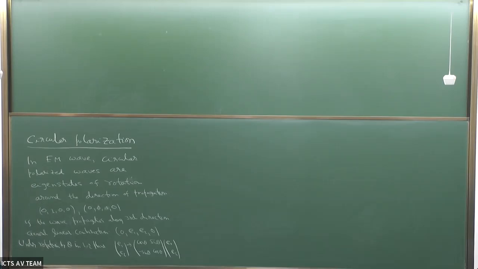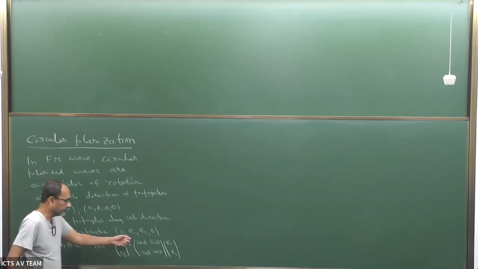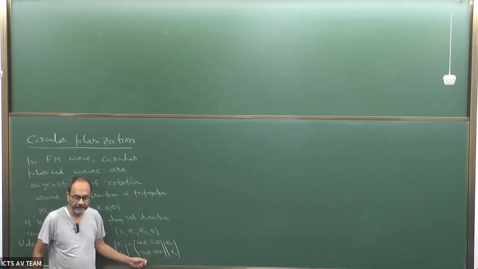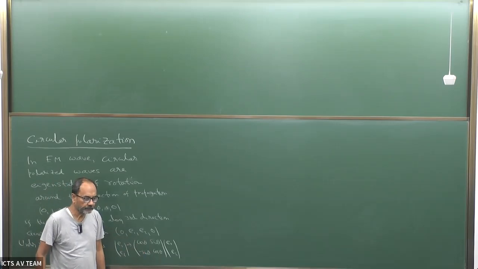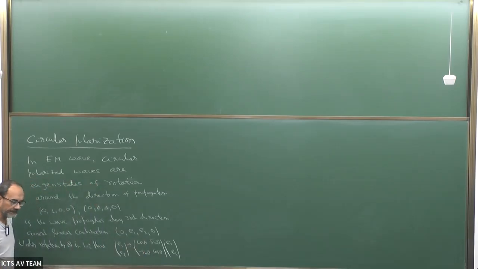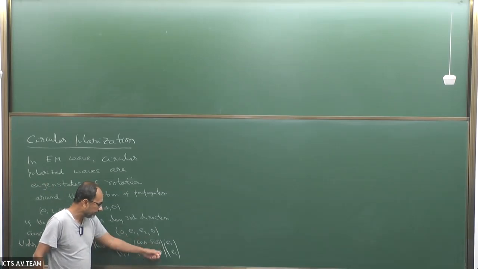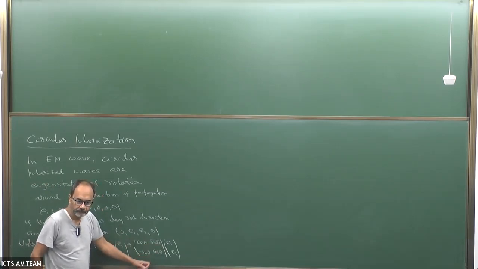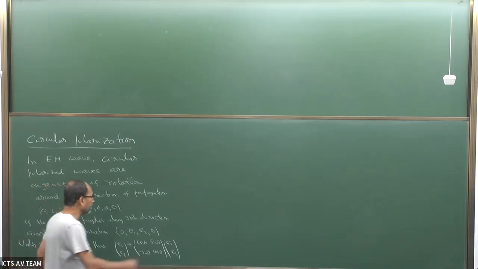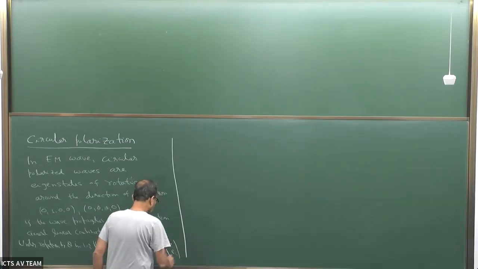Is this clear? This is the rotation matrix in the 1-2 plane, where theta is the rotation angle. To get a circularly polarized wave, we need to choose U1, U2 to be an eigenvector of this matrix. Let's call this matrix M.